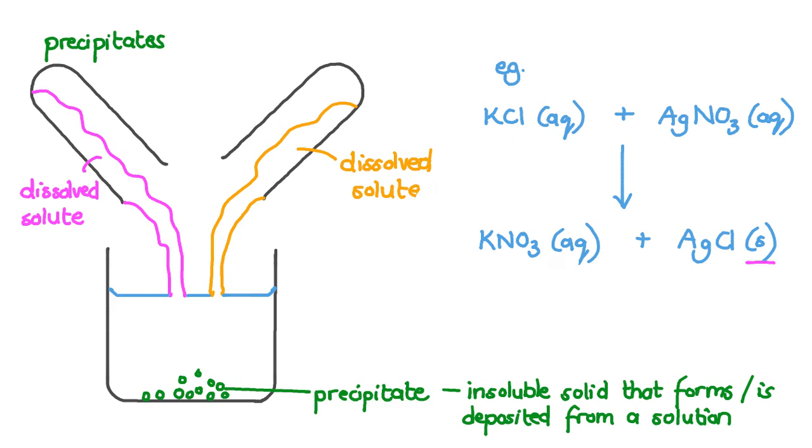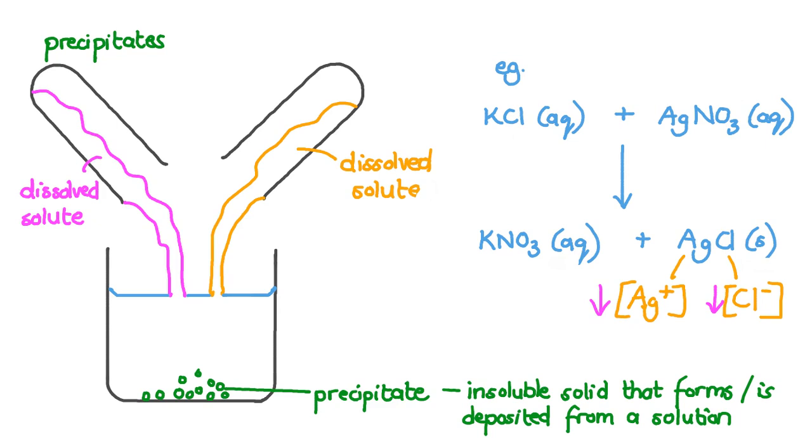If we were given this equation, we would be able to identify that silver chloride is a precipitate using the solubility rules that we learnt just now. The formation of a precipitate decreases the solubility of some of the ions in solution. In this case, the concentration of silver ions and chloride ions dissolved in solution would both decrease, since they join together to form the insoluble precipitate.